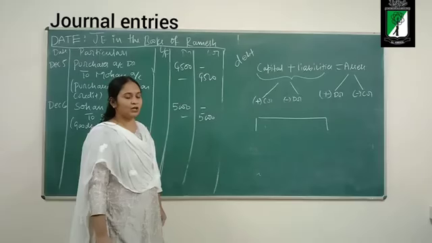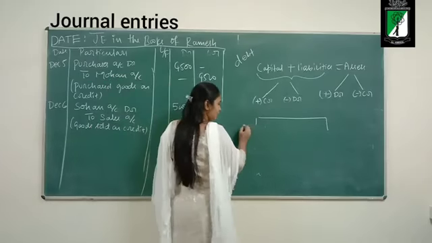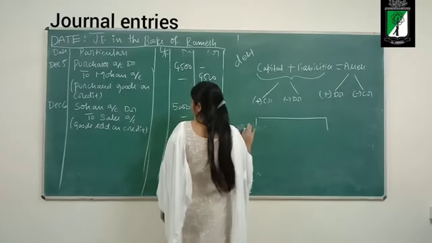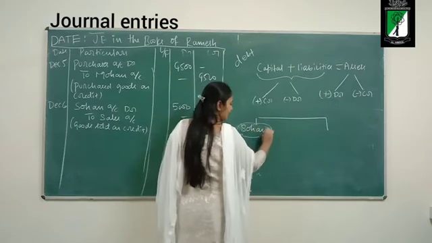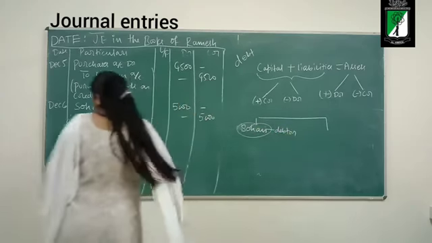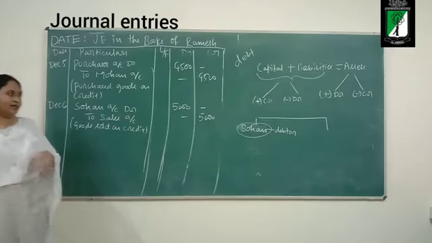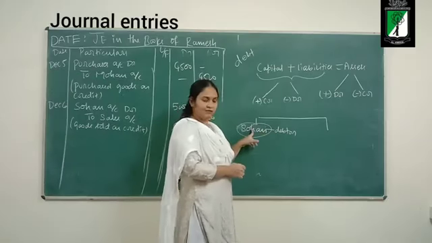To whom is the business selling goods on credit? To Sohan. Sohan is a debtor, a customer. When you know the customer name, you should write the customer name. Okay, it has resulted in the creation of the debtor.